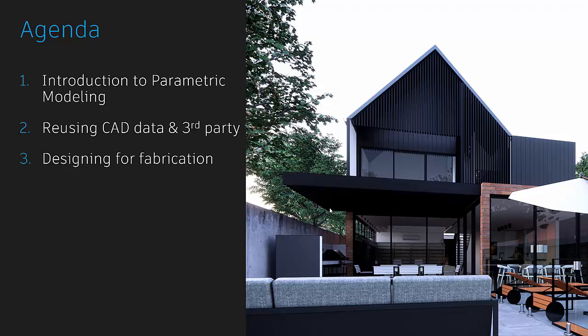We'll also touch on how you can start to use the information to actually design for fabrication and work to a level of development 400 where you can export it out to factories. And then finally, we'll look at our sales and marketing tools for visualization and show you how you can connect to others by working on the Autodesk BIM 360 Cloud.